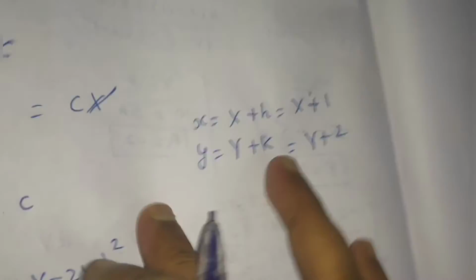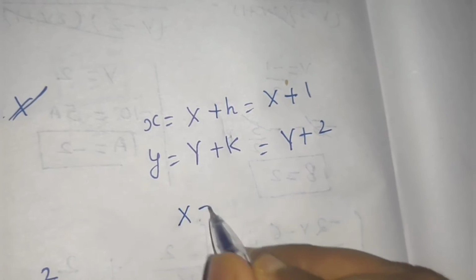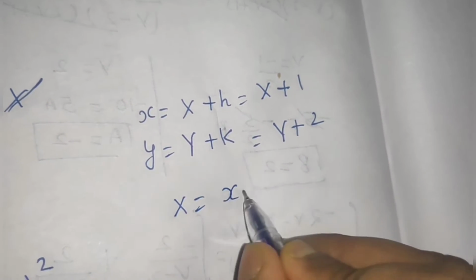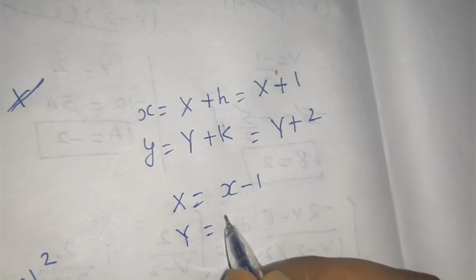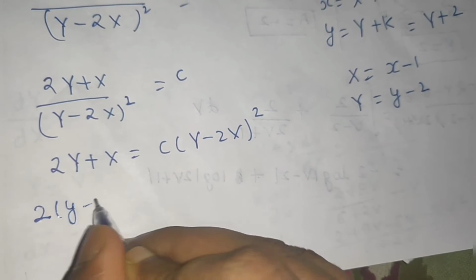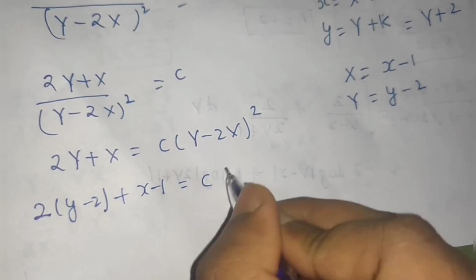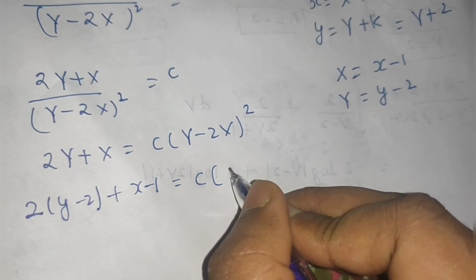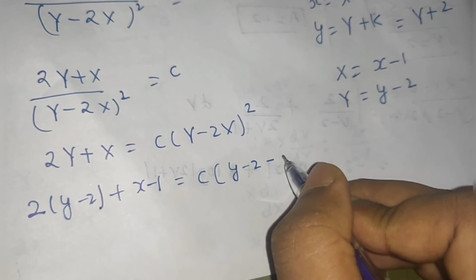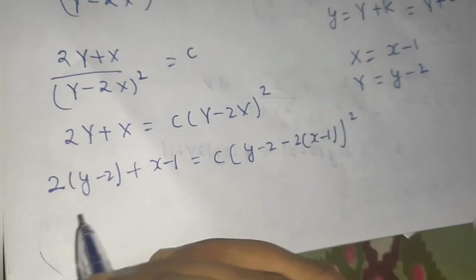So from here I am getting capital X as small x minus 1, capital Y as small y minus 2. So 2 times (y minus 2) plus (x minus 1) equals c times ((y minus 2) minus 2 times (x minus 1)) whole square.